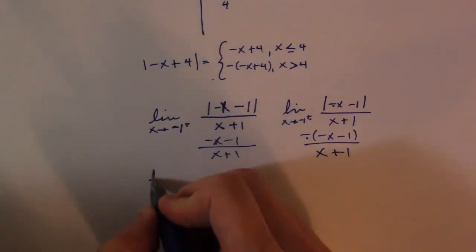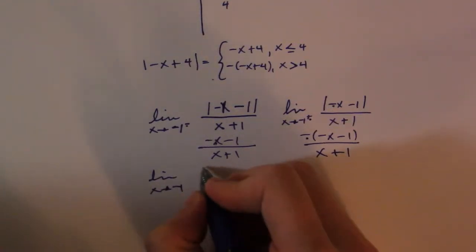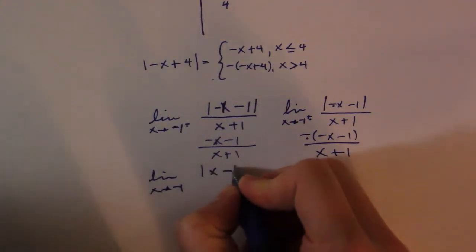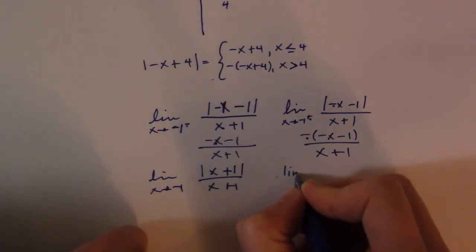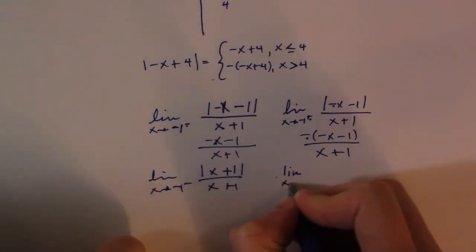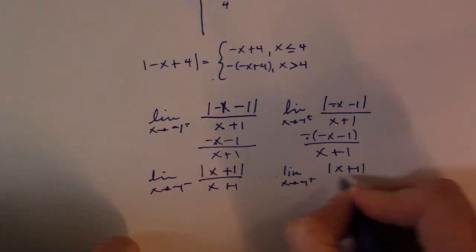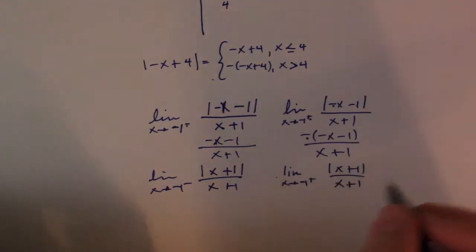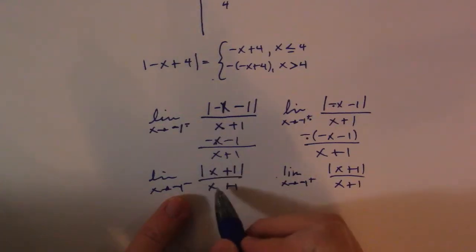So let's contrast that with this scenario. It should be plus 1. And that's the left side, and the limit as x goes to negative 1 from the right side, x plus 1. If I sub in negative 1 from this side, it's indeterminate form. So again, I have to do something with this absolute value.